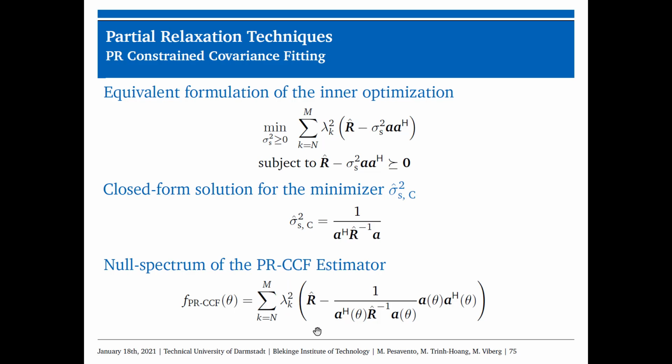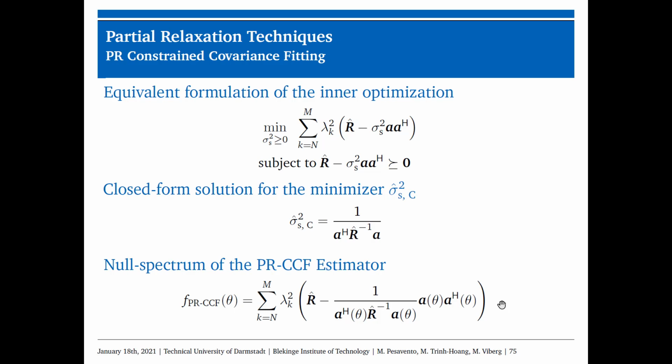The matrix argument on which we compute the eigenvalues is a constant covariance matrix R hat modified by an angle-dependent rank-1 component. This structure of the matrix argument will be later exploited for faster computation of the eigenvalues.